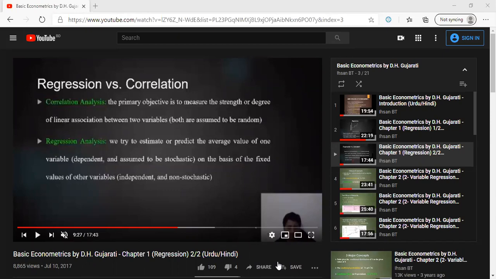In regression analysis, however, you have clearly defined X. Here in our example, income is the independent variable and Y, which is our consumer expenditure, is the dependent. So regression analysis clearly says which one is independent and which one is dependent. In correlation analysis, there's nothing like dependent or independent.